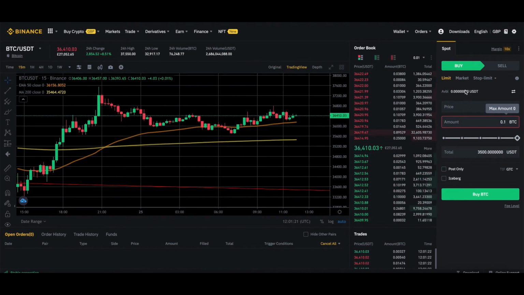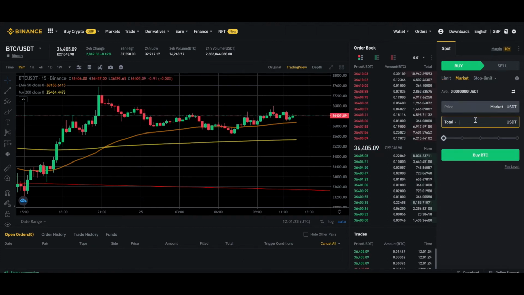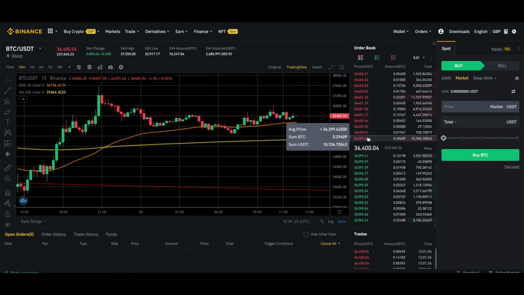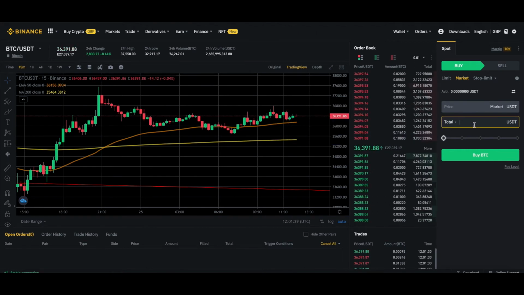Whereas if you wanted to do a market order, then you're just taking the next available offer that's on here, and you can only pick how much you want to buy. You can't see the price because it will just make that value up once it pulls the offer. So that's limit and market orders.